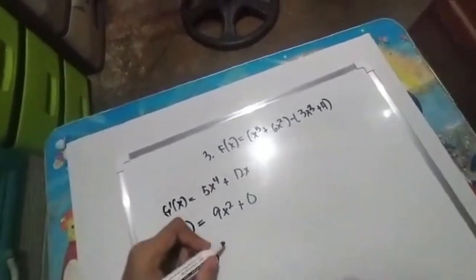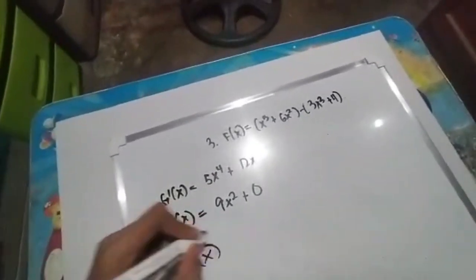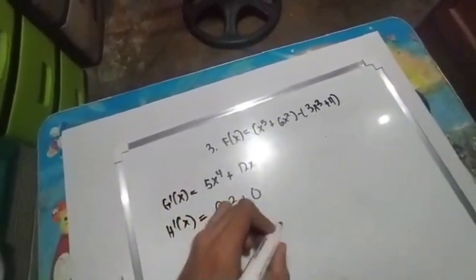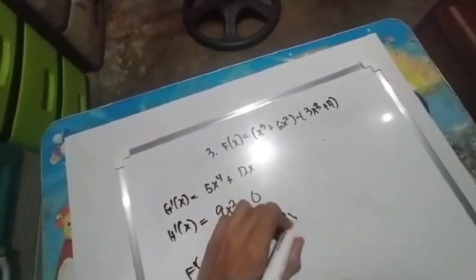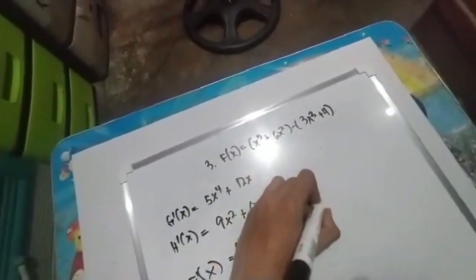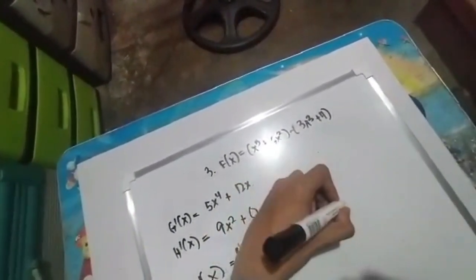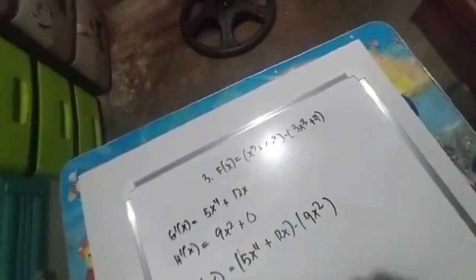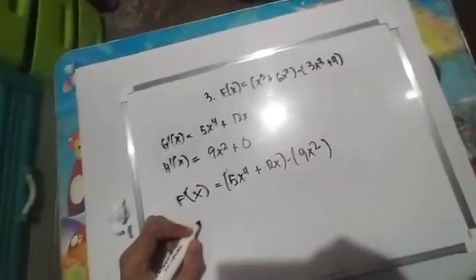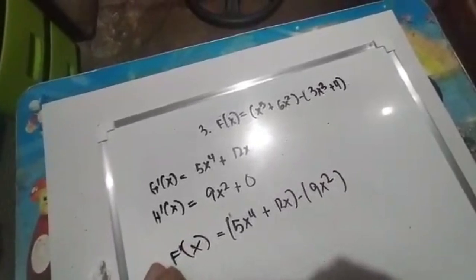Then sulat na natin siya. Natin sulat yung 0 since wala siyang value. Then next is subtract na natin.